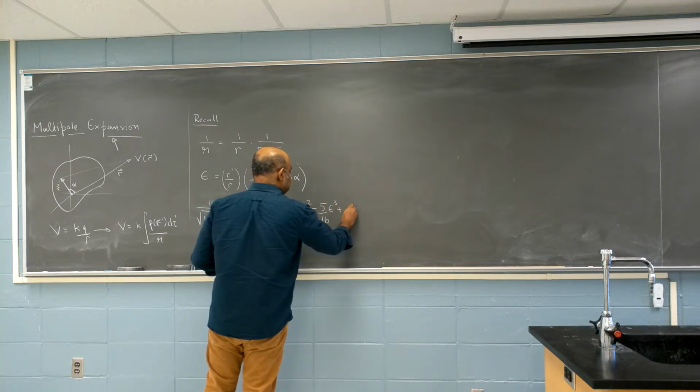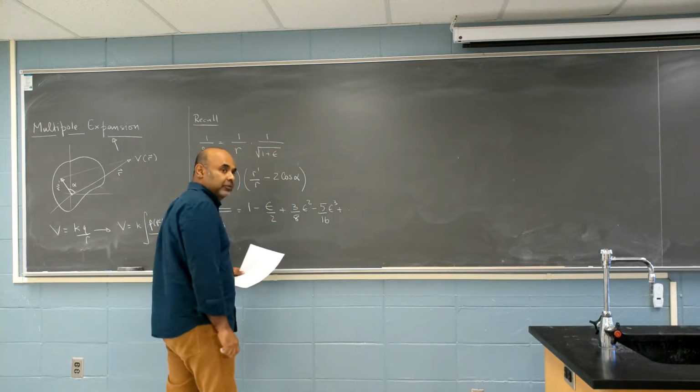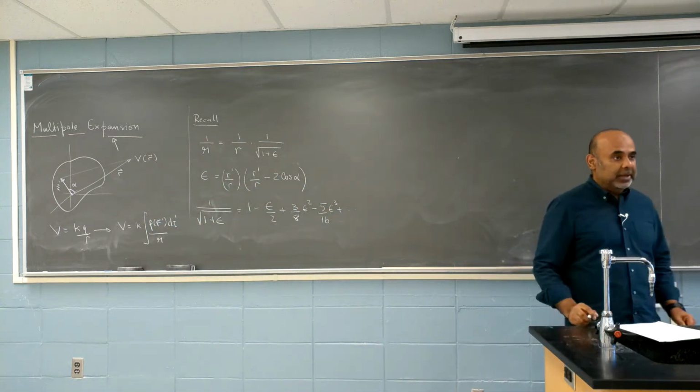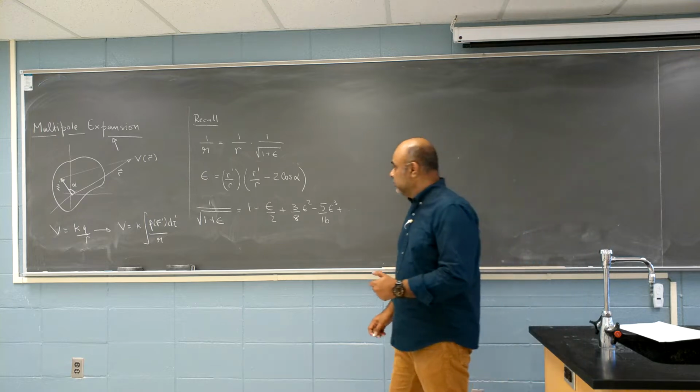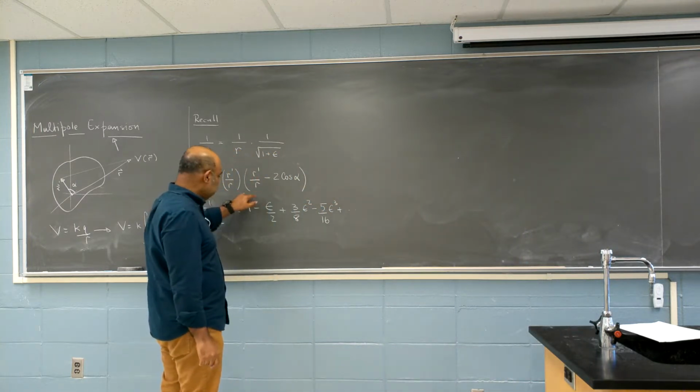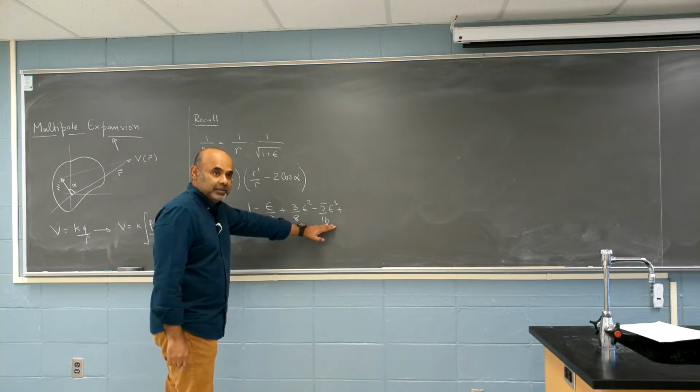The next one is going to be plus, and so on and so forth. It's an infinite series. So every time we see epsilon, we're going to plug this in on the right-hand side.